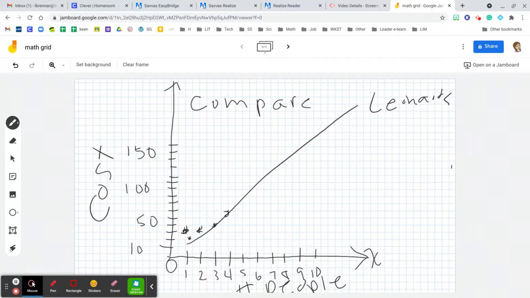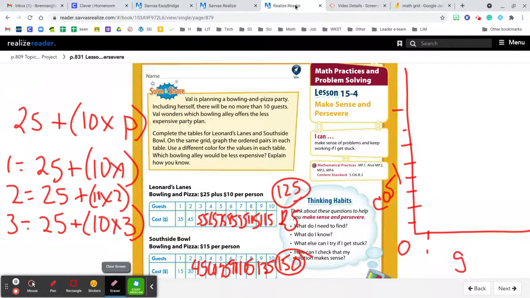And you just keep graphing. And then the other one will be Southside, which starts higher, but in the end, it'll graph lower. So that's how we would do our graph there. I know, a lot of work, perseverance.